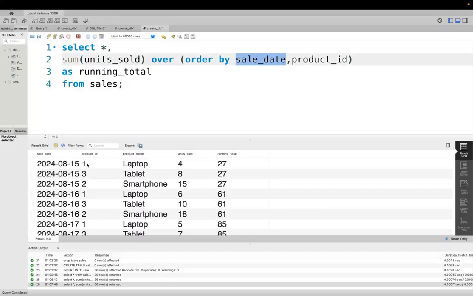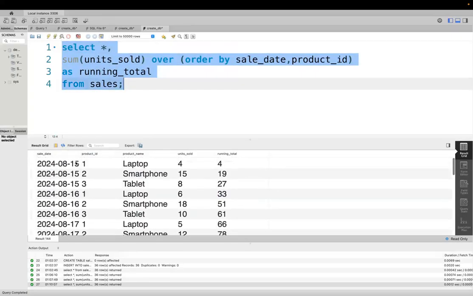Based on product ID, it will sort: one first, two second, three next. So you see this: 4 units, 4 plus 15, 19 units, and 19 plus 8, 27 units.